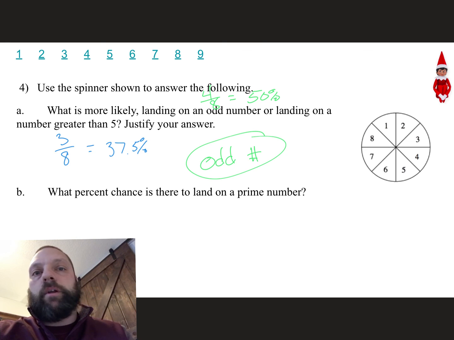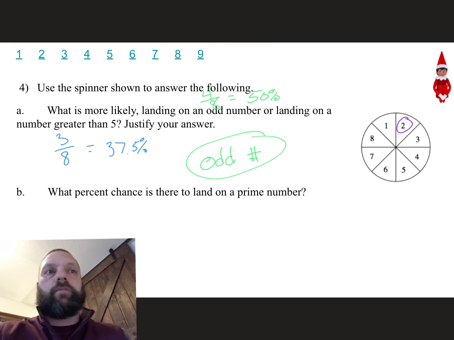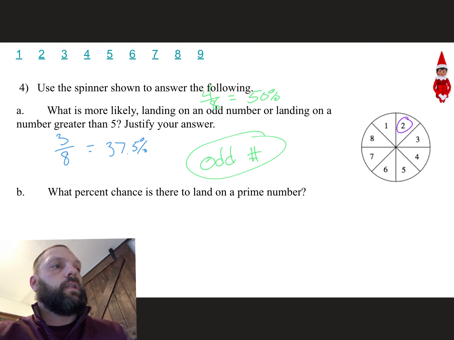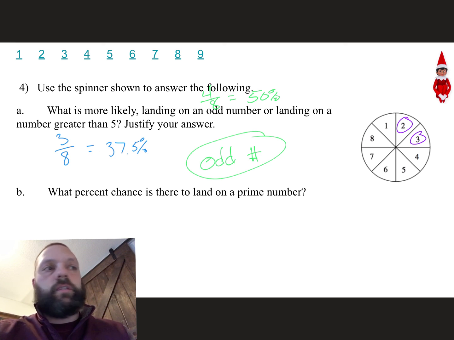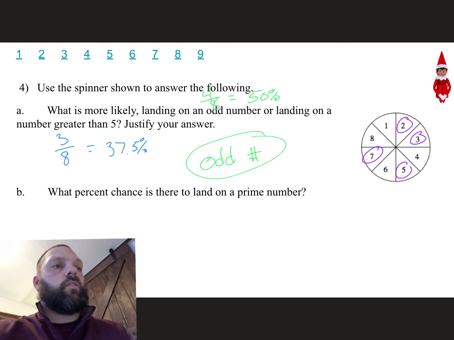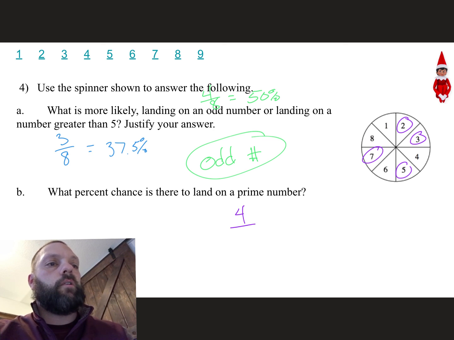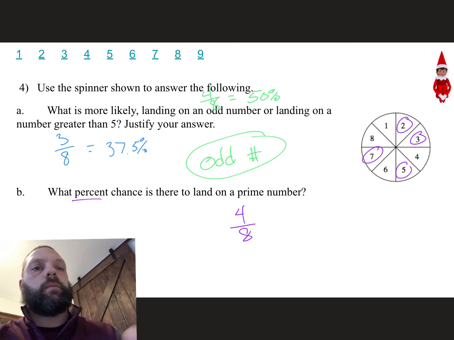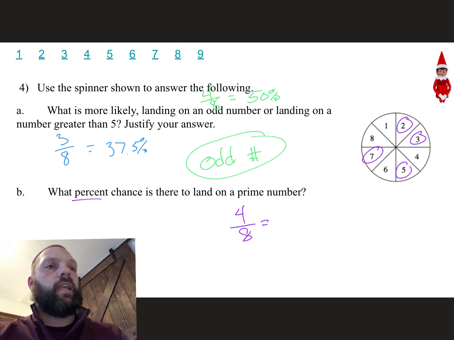And if you remember from prime factorization, 2 is a prime number. Remember, we always list those first few prime numbers up on the top of our paper. 3 is prime. 4, 2 goes into 4, that's even, won't work. 5 is prime. 6, 2 goes into 6 as well. And then 7 is prime. 8, 2 goes into 8, so I have 4 out of 8, but it is asking me what percent. 4 divided by 8, which I did up here, is 50%.